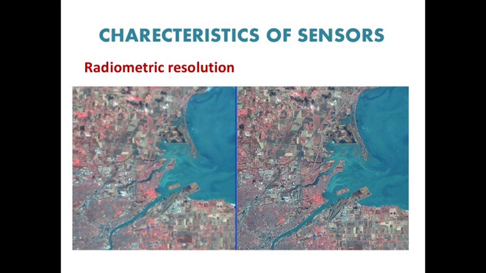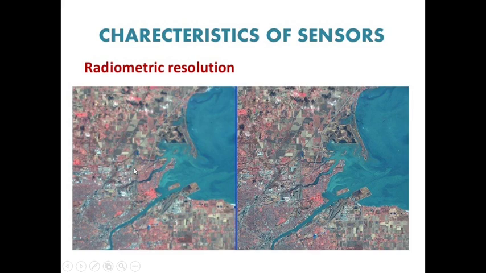So here you can see these are two satellite images taken at two different radiometric resolutions. The first one is an 8-bit image and the second one is a 32-bit image.